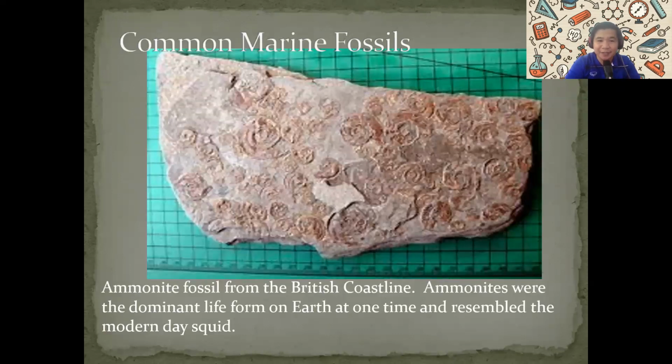These are some common marine fossils. Ammonite fossil from the British coastline. Ammonites were the dominant life form on Earth at one time and resembled the modern day squid. According to scientists, before, the Earth had one very big land. Okay, here's a small theory for you.